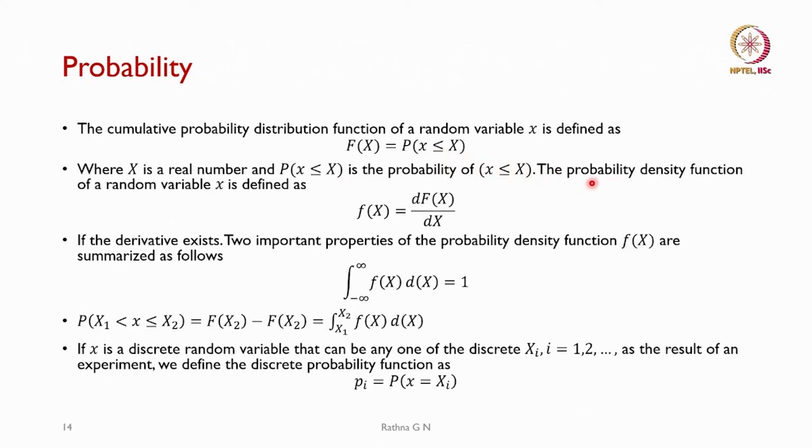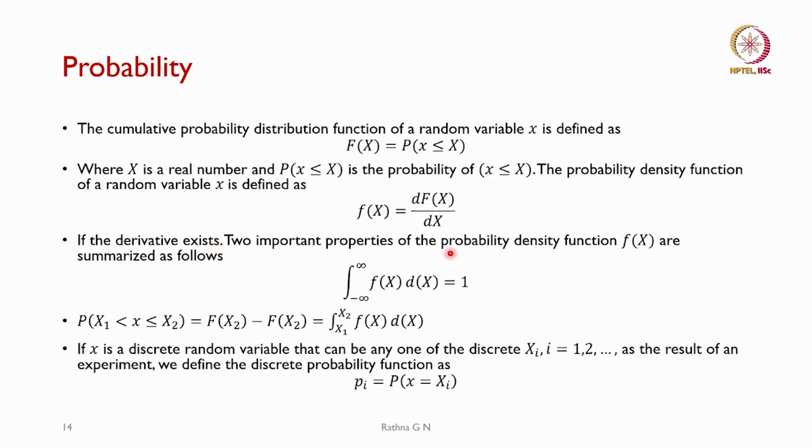So, we call it the probability density function of a random variable x, which is defined as f of x is nothing but d by dx of F of x, if the derivative exists.